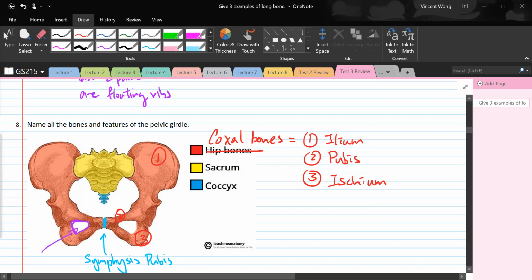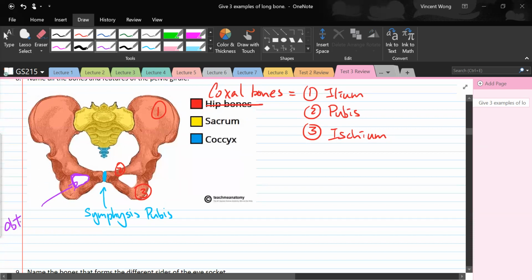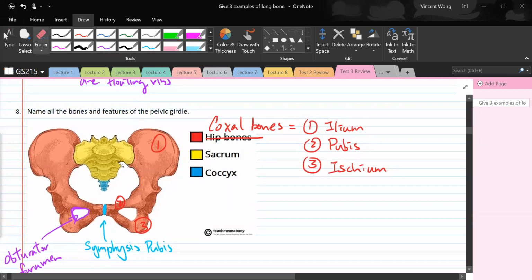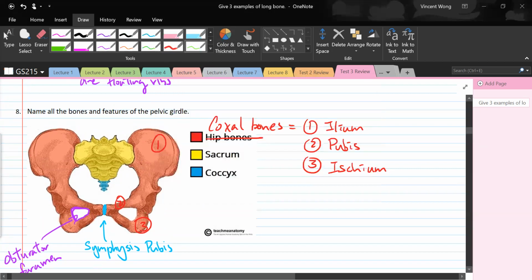That opening is the obturator foramen. It allows blood vessels and nerves to pass through to the legs, so we're not going to damage them when we are sitting down. There is this socket that we have been talking about all day long, right here. That is the acetabulum. Right, ball and socket joint with the femur. You should know that by now.